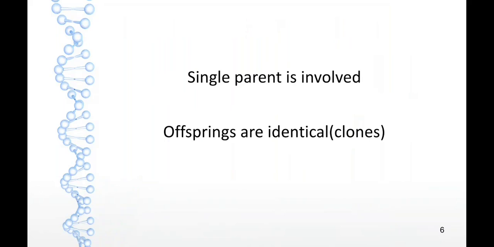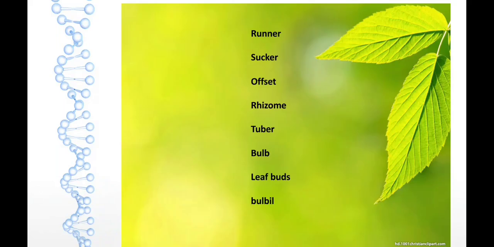There is no participation of two parents and the offsprings are exactly similar to the parent, that is, clones. And the vegetative propagules commonly used are runner, sucker, offset, rhizome, tuber, bulb, leaf buds and bulbule. Let's discuss each one of these in detail.